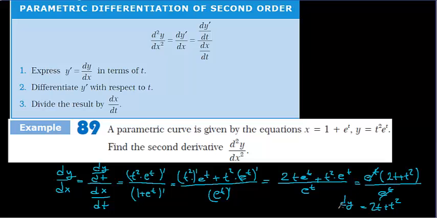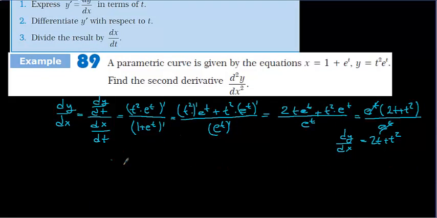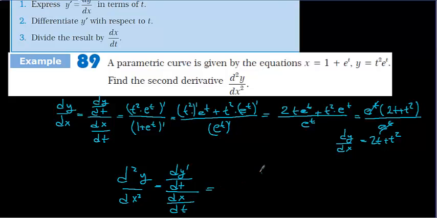This is dy over dx, and to get d squared y over dx squared, I need to take the derivative of dy over dx with respect to t, over dx over dt.